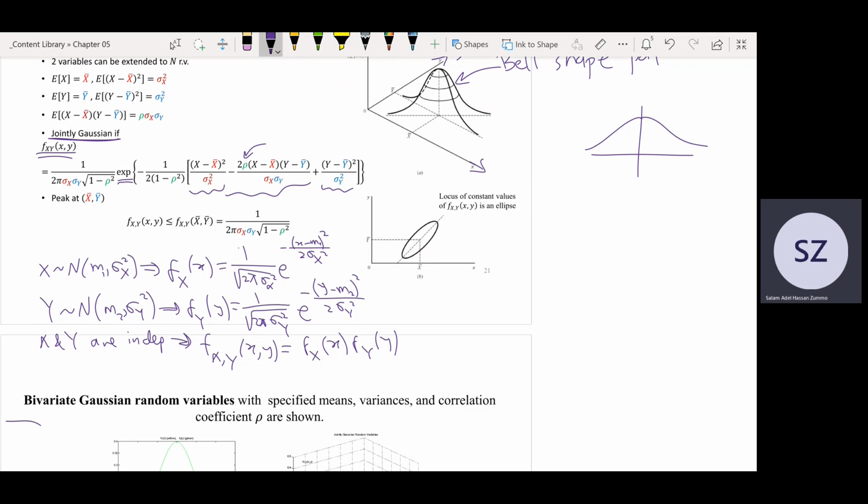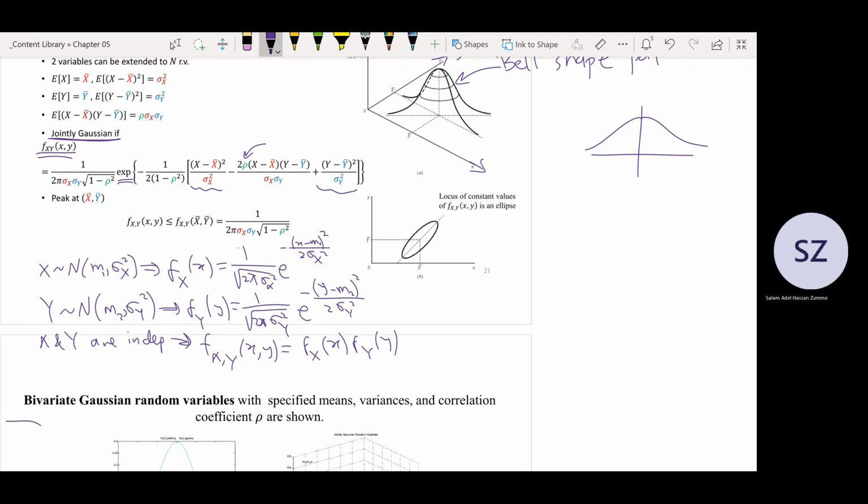When the joint PDF looks like this, a constant, like the constant here. However, the exponent depends on this term, if you notice. If they are independent, then the exponent of fxy will be this and this, right? If they are independent, they have no effect on each other, the exponent of the PDF will be this and this.